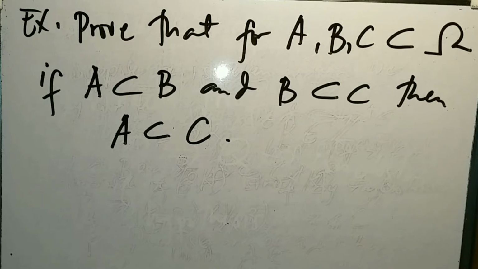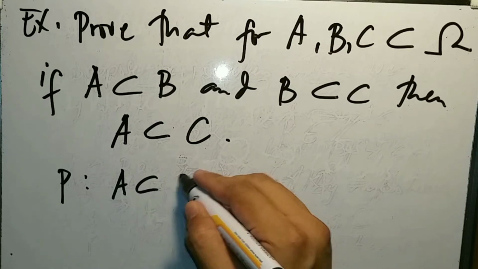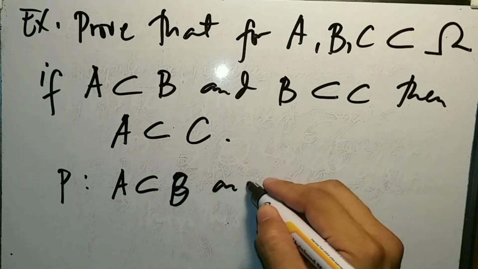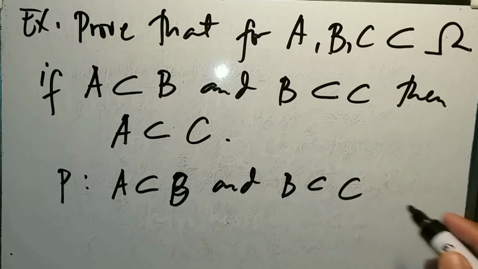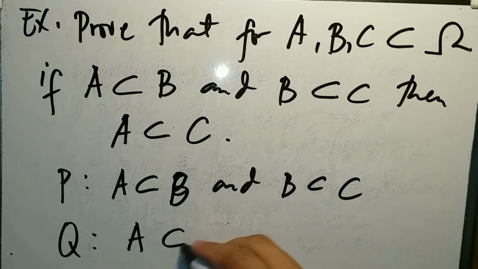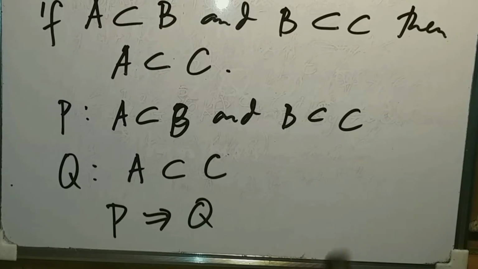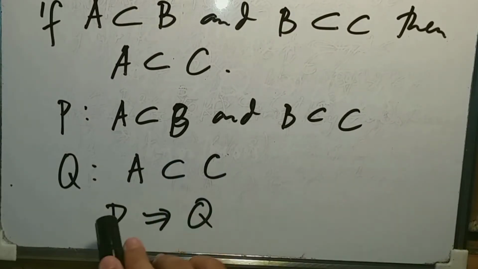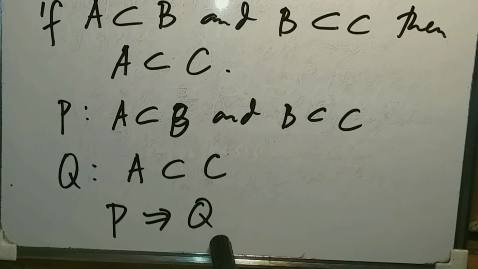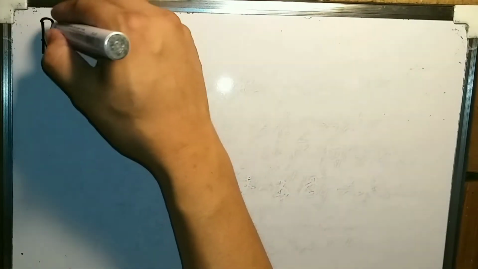So for this statement, P here would be A subset of B and B subset of C, and then the proposition Q would be A subset of C. So this statement is of the form P implies Q. So given the hypothesis P, we need to arrive at the conclusion Q. So let us do the proof.